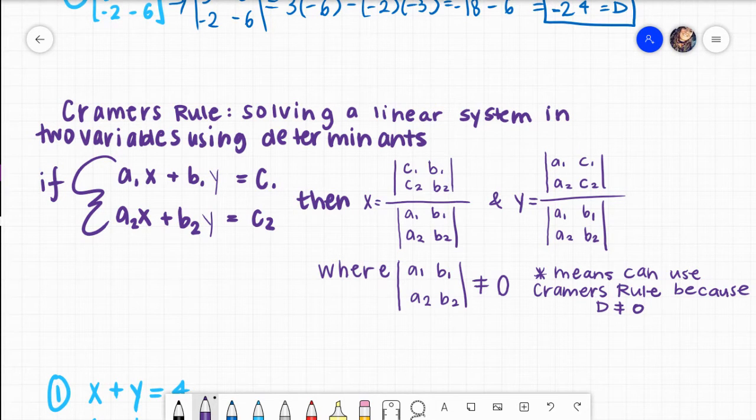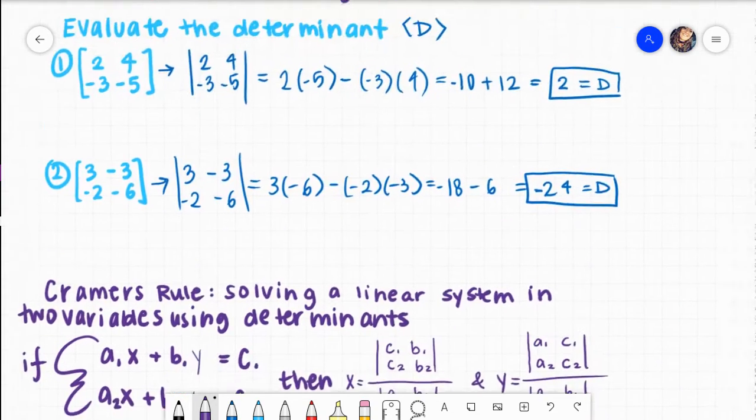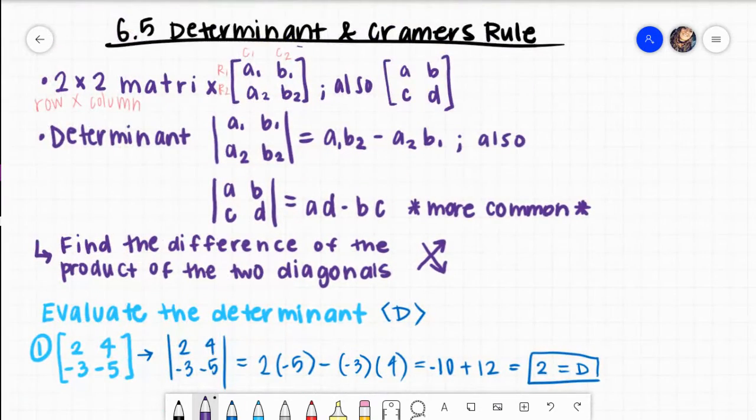Right, x and y, okay? And then for that second equation, I have a sub 2 times x plus b sub 2 times y equals c sub 2. Those subscripts 1 and 2 just mean this is my first equation, that's my second equation. That's just how you know where it came from, as well as its place in this form.